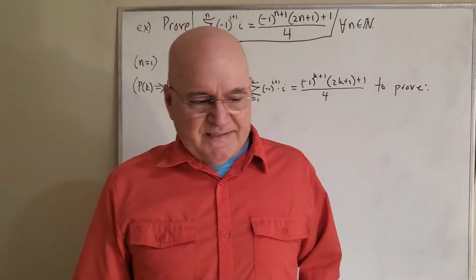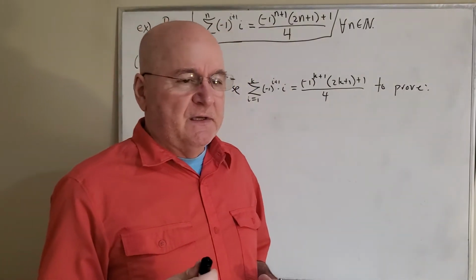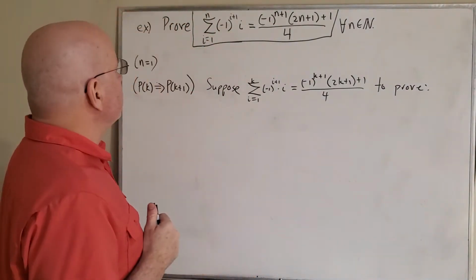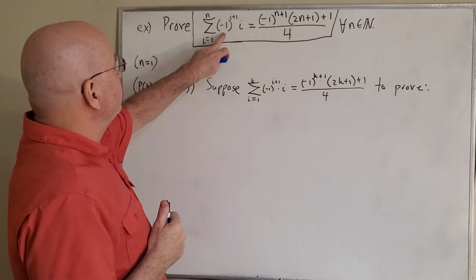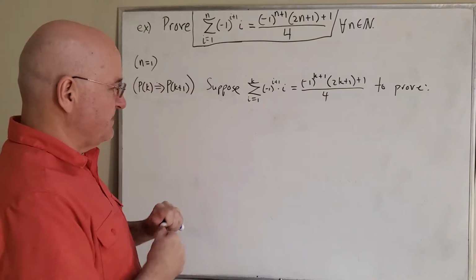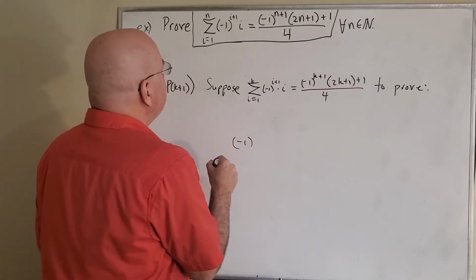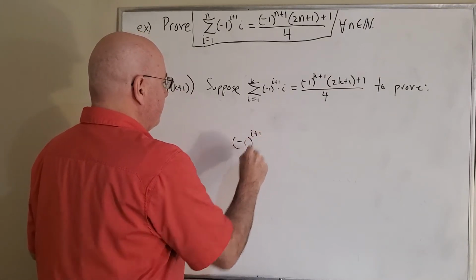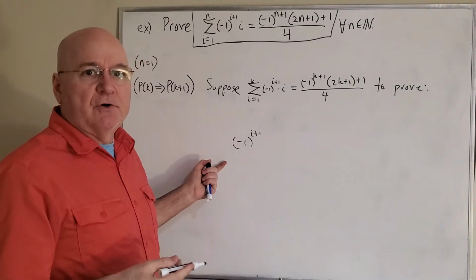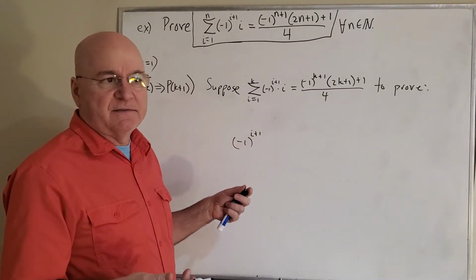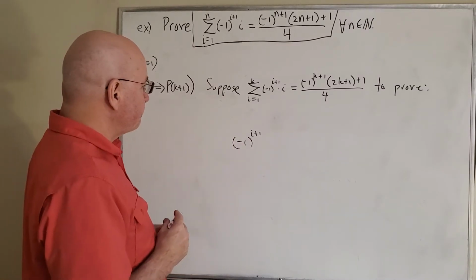Well, here's an interesting example where it's only slightly different than some of the other examples we've had, but we need to remember what this means. Let me just remind us. If I take -1 to the I plus 1, that's either 1 or -1, depending on whether I plus 1 is even or odd.